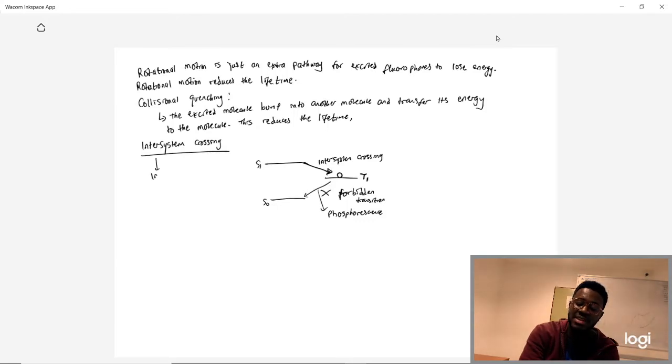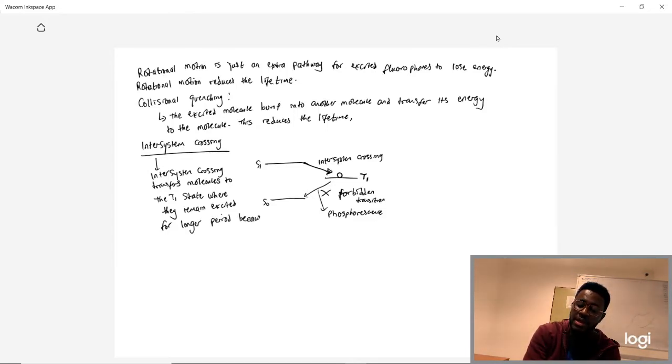So intersystem crossing transfers molecules to the T1 state, where they remain excited for a longer period because the transition to S0 is forbidden.